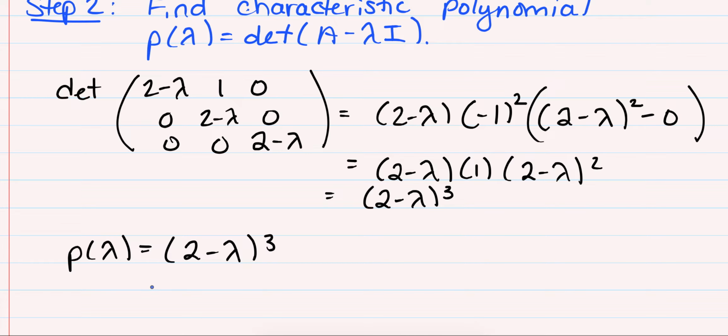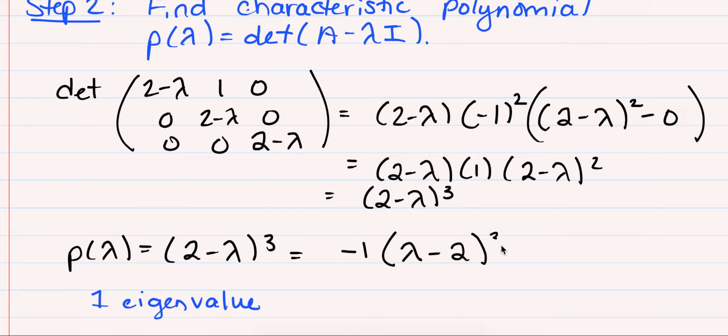And from here, we can say that we have one eigenvalue, and that eigenvalue, if you want, you can write this in the form that, sorry, I just wrote the same thing over. I'm factoring out a negative 1 from each one of these factors. So this is lambda minus 2 cubed.